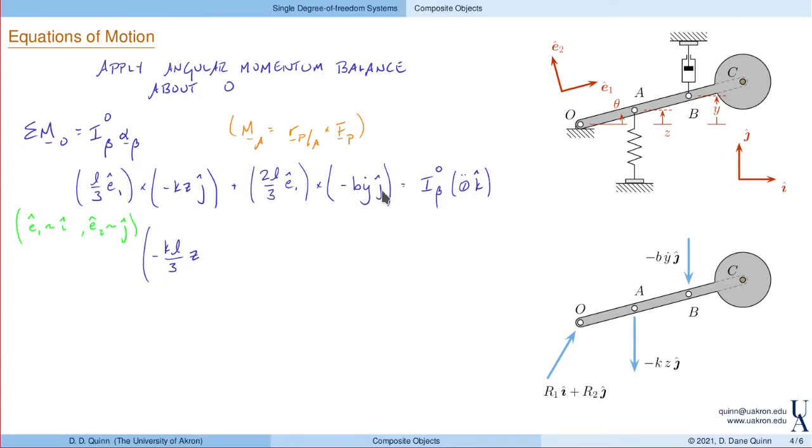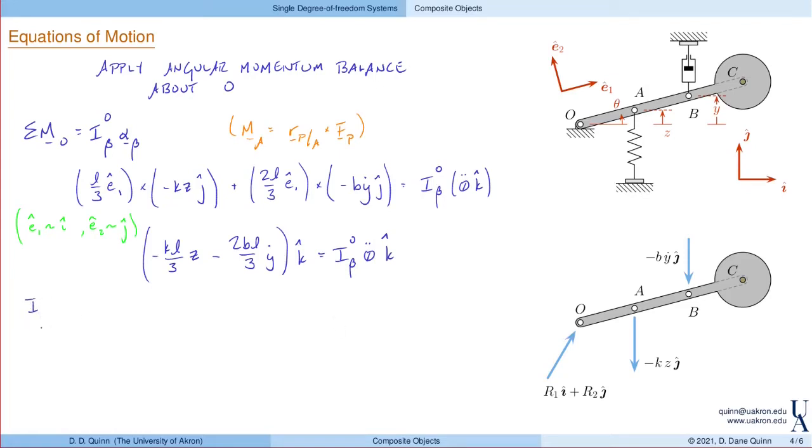I cross J is again equal to K, so that's minus 2B times L over 3 Y dot, both of those are in the K direction, is equal to the moment of inertia times theta double dot in the K direction. So we need to talk about the moment of inertia for this composite object.